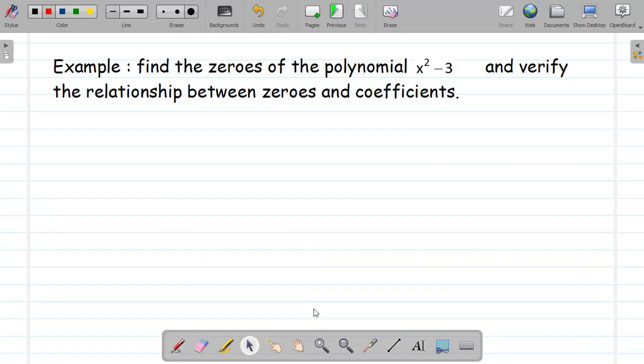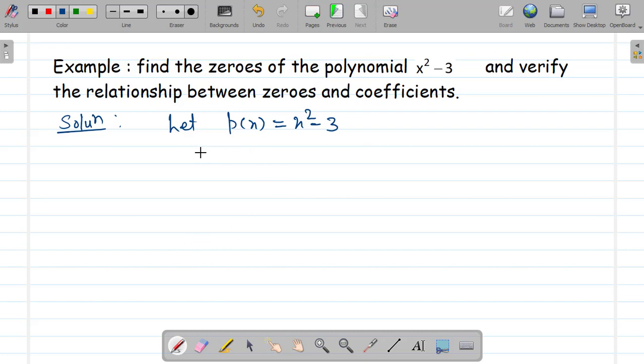Now the second example. Find the zeros of the polynomial x square minus 3 and verify the relationship between zeros and coefficients. So now, your solution will be: let p of x be equal to x square minus 3, and of course this polynomial also has at most 2 zeros, so we will find the zeros.